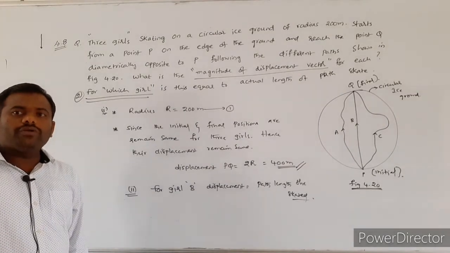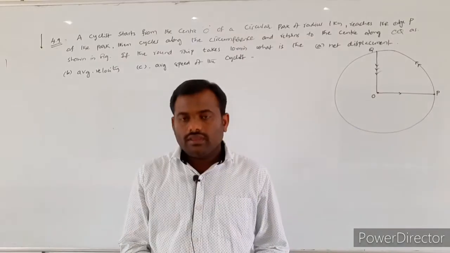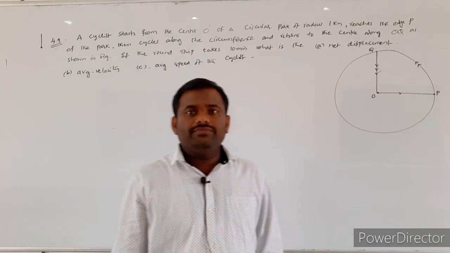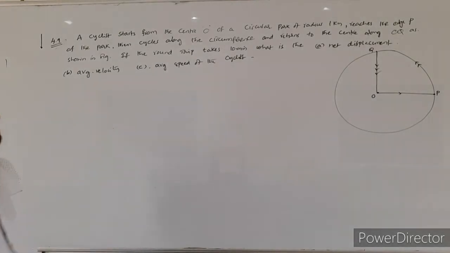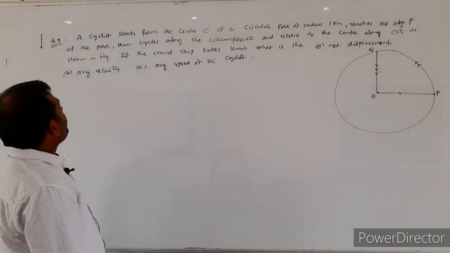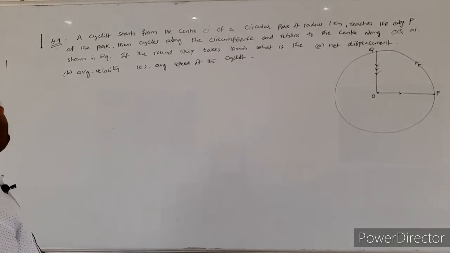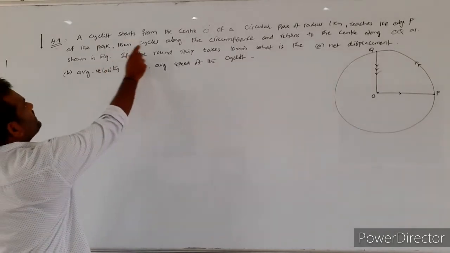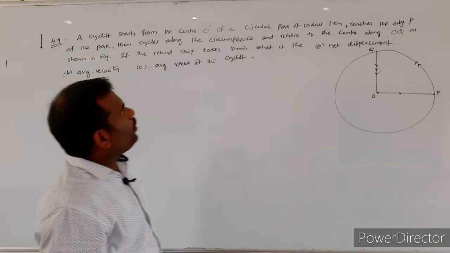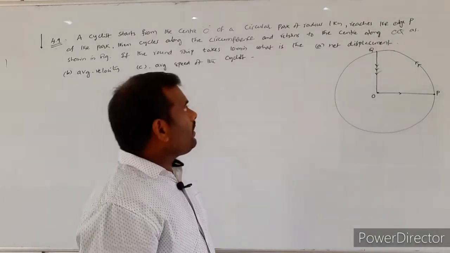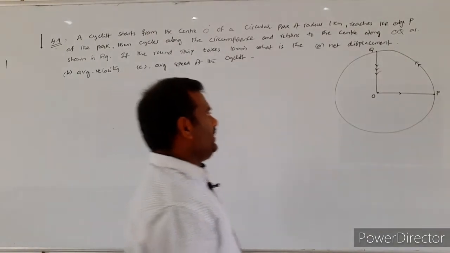Understood? Next problem, 4.9. In this problem, they give a cyclist who starts from the center O of a circular park of radius 1 kilometer.